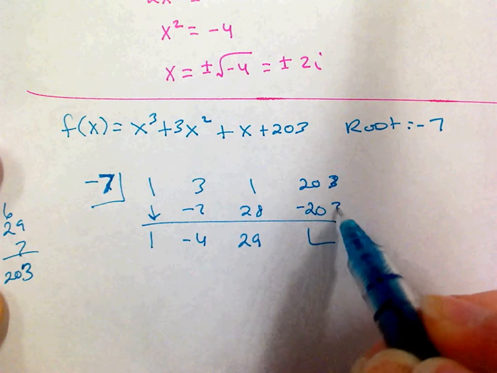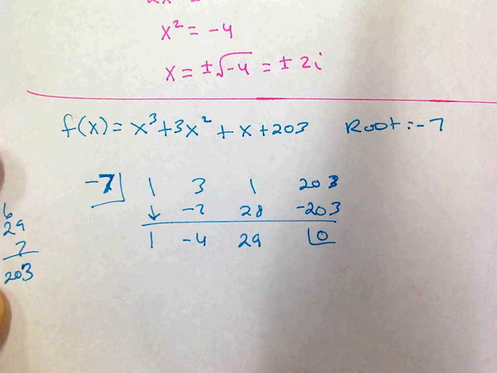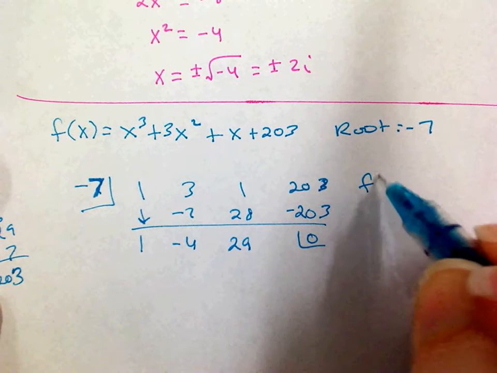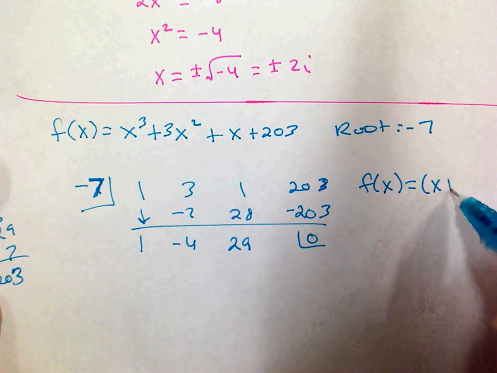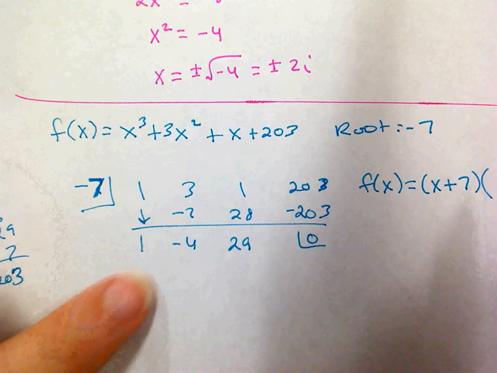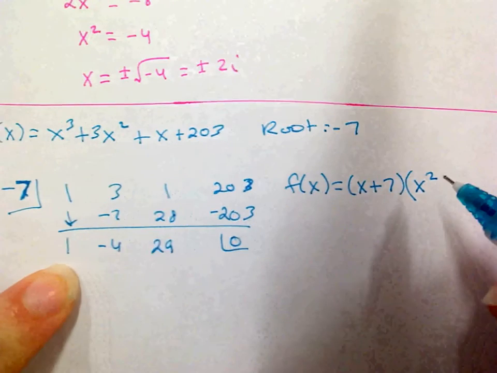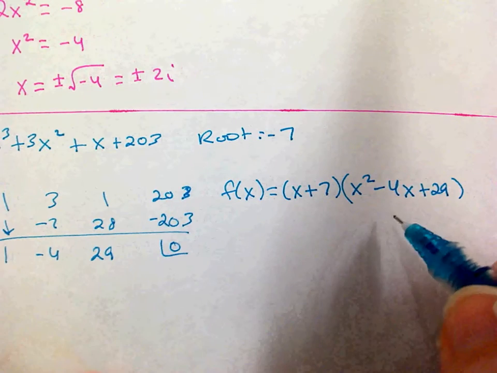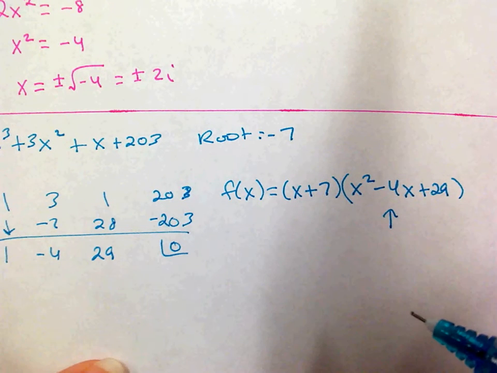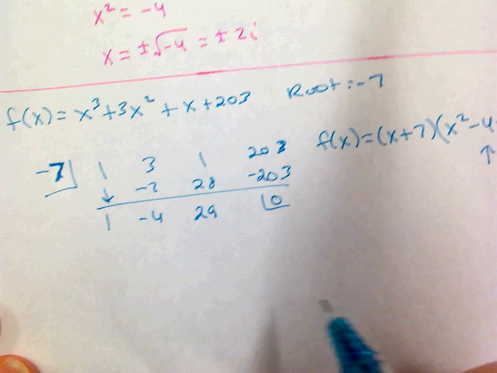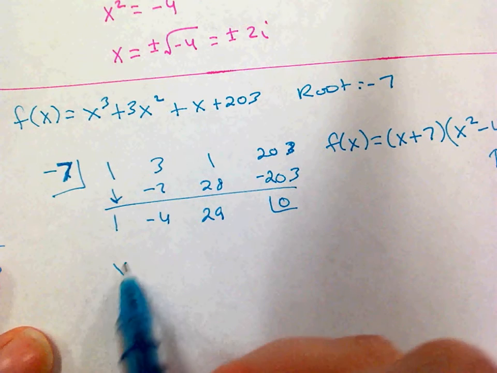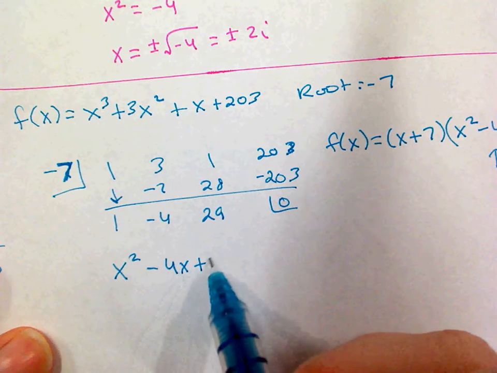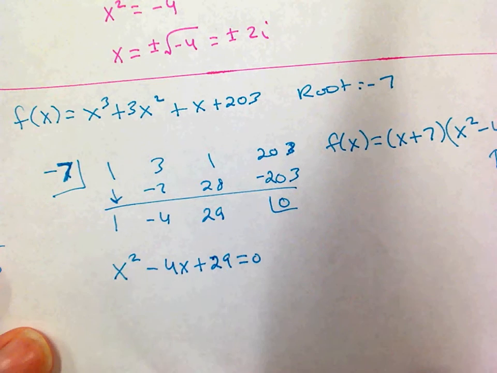Okay. So far I have f of x equals x plus 7, and then x squared minus 4x plus 29. But I need to factor this so I can find the solutions and then rewrite it. So the first thing I'm going to do is write it as this, and then I'm going to solve either using the quadratic formula or completing the square.